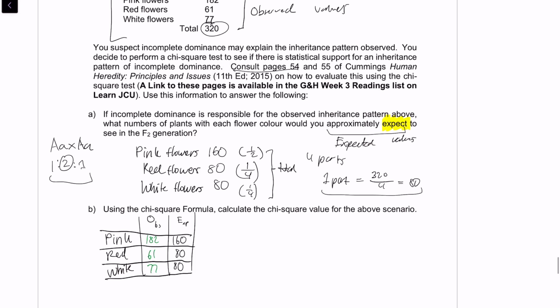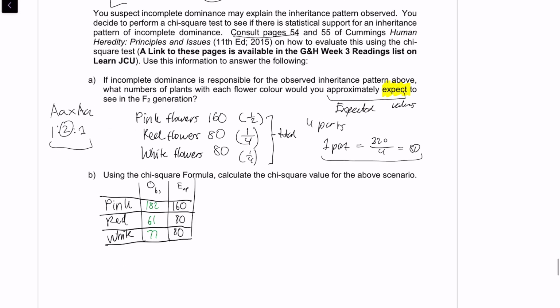Okay, and then now we just do a chi-square test, where the formula, which we have to memorize, is this. This is chi-squared, that's the symbol for it. It's the sum of the square of the difference between the observed and expected values, over the expected value.